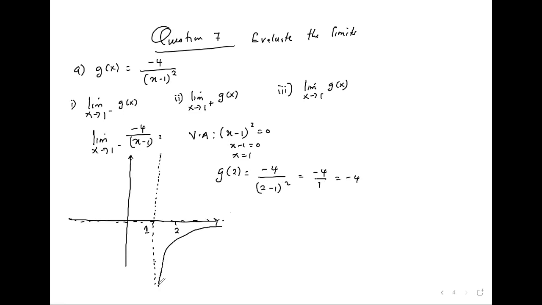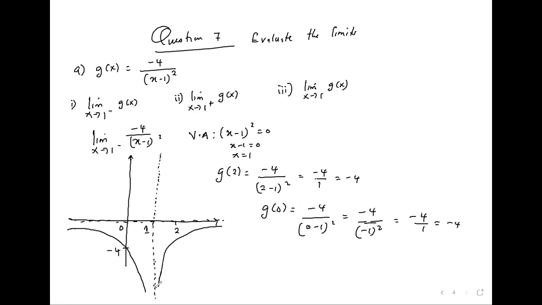Then from left, if we pick 0, we'll have g of 0 to be -4 over 0 minus 1 squared, giving us -4 over -1 squared. But -1 squared is +1, so we get -4. So again, this is telling us that this graph is down here. We're getting -4 at the intercept, but it's going down.